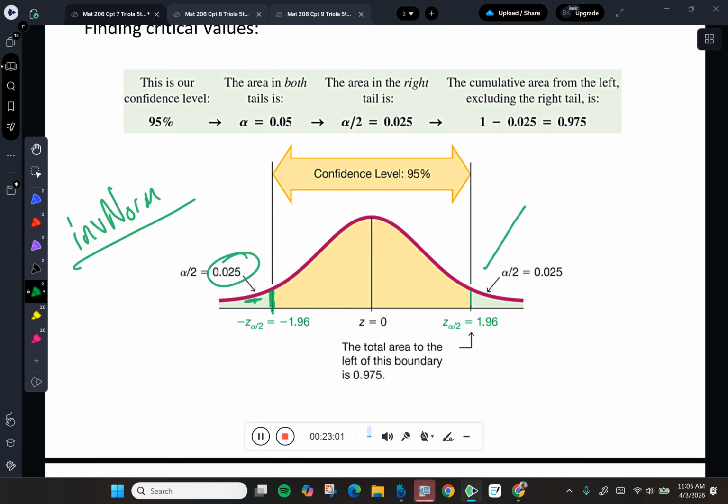And then this one over here could be found by having the area to the left be all of that, meaning that it would have to be the 95 in the middle plus the 2.5 on the end, or 97.5%.